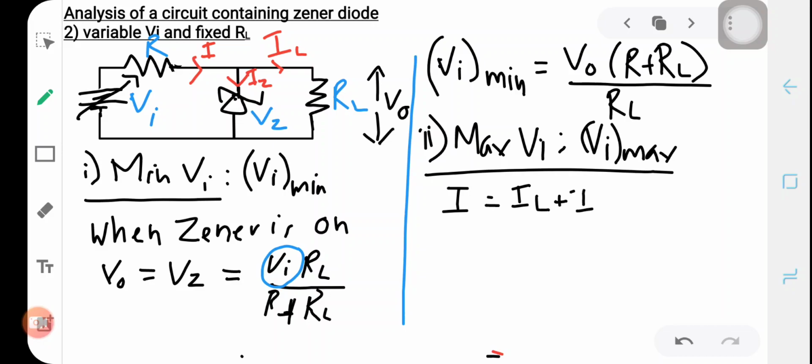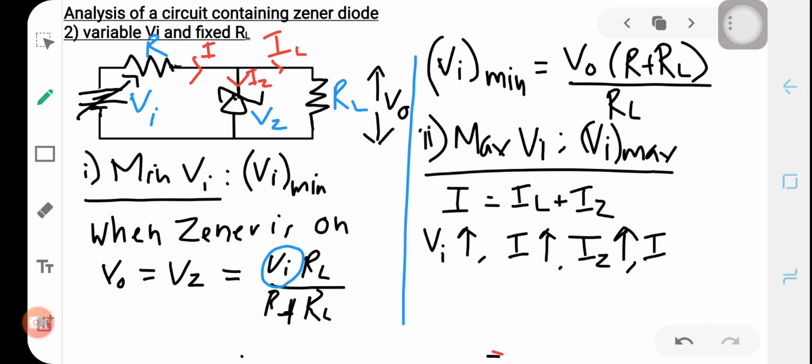When input voltage Vi increases, I will also increase, that is, the current drawn from the battery by the circuit will increase, since the effective resistance of the circuit remains the same. If zener is in the breakdown region, then Iz will increase and IL remains constant.